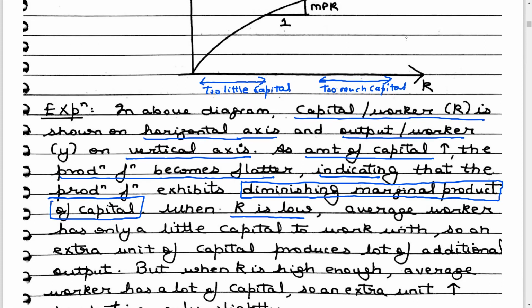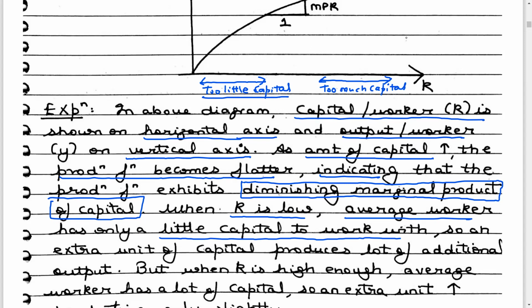When the capital stock is low, low means too little capital, the average worker only has little capital to work with. So if you give this worker more capital, this worker will produce a lot of additional output. Think about it like this, guys. Suppose I am working on only one machine. I have 24 hours in a day and I am working only on one machine.